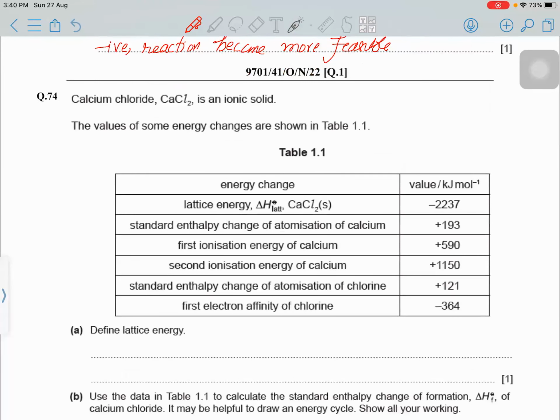What is lattice energy? Beta, what is lattice energy? It is the enthalpy change when 1 mole of an ionic solid is formed from its gaseous ions under standard conditions.